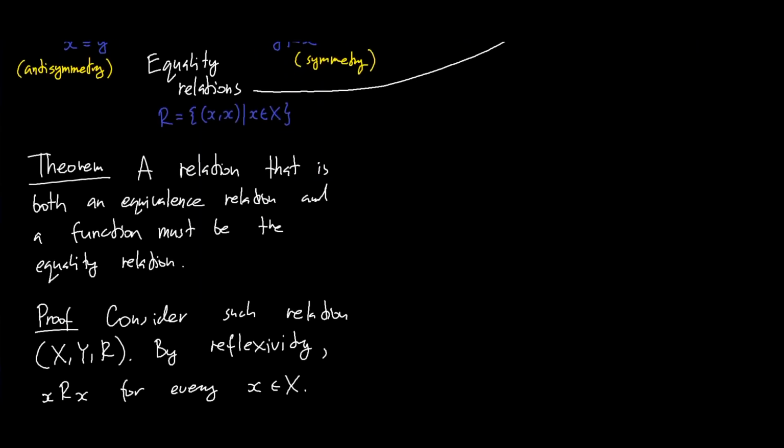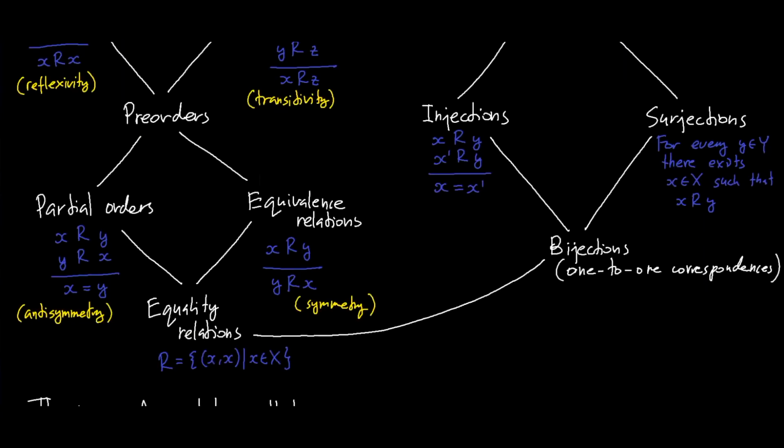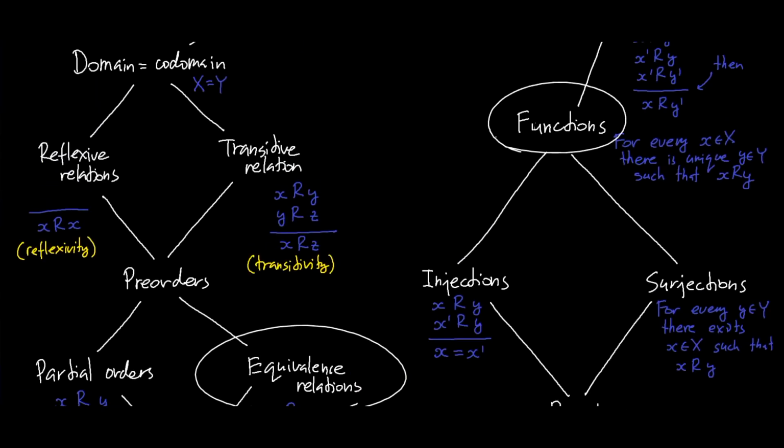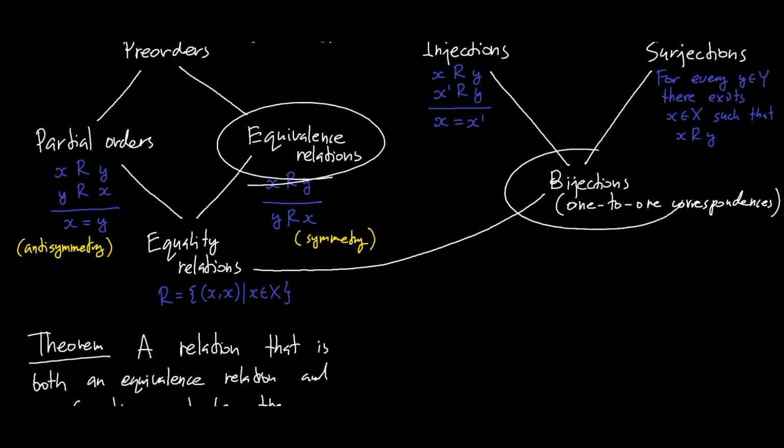And so this is now a more general result than what we had before, because if already these and that together give us only the equality relation, then of course this and this together will also give us the equality relation.